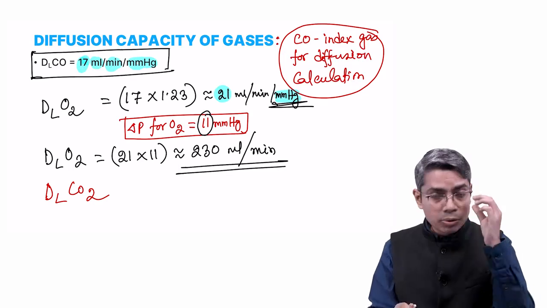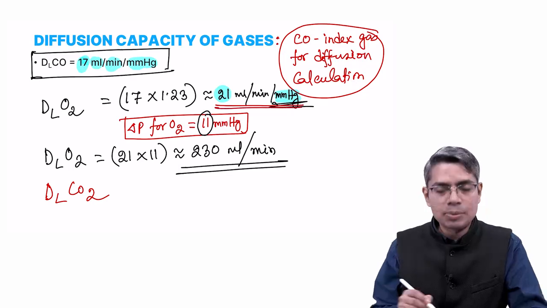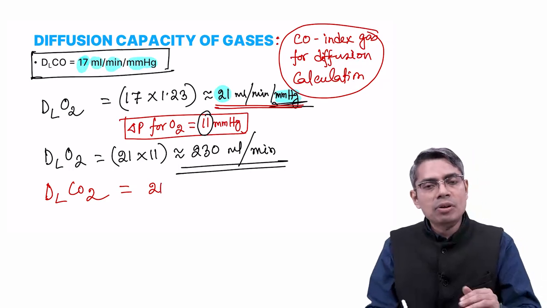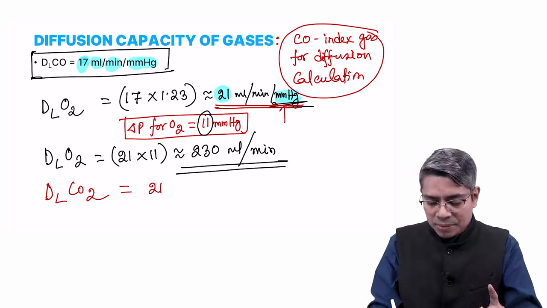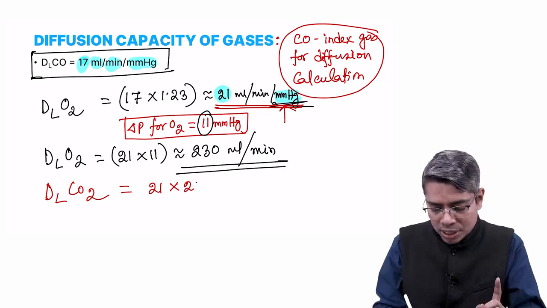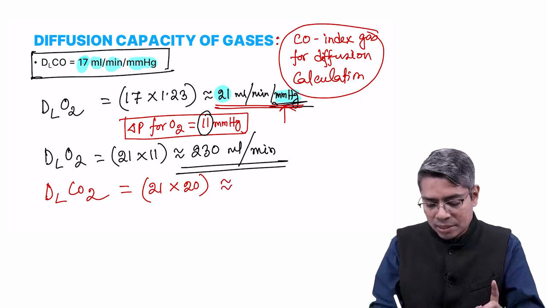How are you going to calculate it? We found the value for oxygen diffusion: 21 ml is the amount of oxygen diffusion in the lung in 1 minute, provided the partial pressure difference is 1 millimeter of mercury. We know that carbon dioxide transport is 20 times faster than that of oxygen transport. So, if you just multiply this, it will be around 400 to 450 ml.